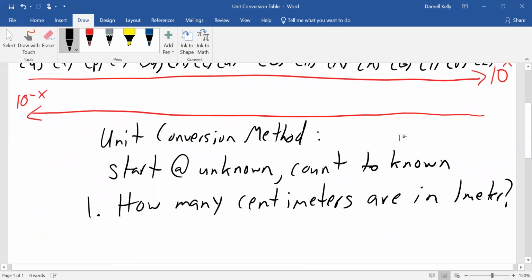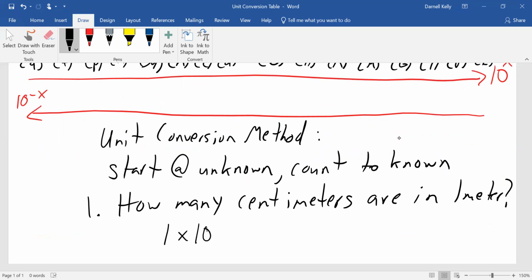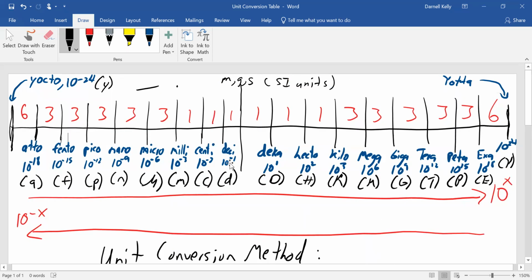So let's take the number that we know, 1, and however many powers of 10 are going to separate centi to meter, we just substitute that for x. So 1 times 10 to the x power. So we're trying to figure out how many x powers of 10 separate centi to meter. So here's the unknown, and we count 1, 2 powers of 10 that separate centi to the meter. So there are 2 powers of 10 that separate centi to meter.